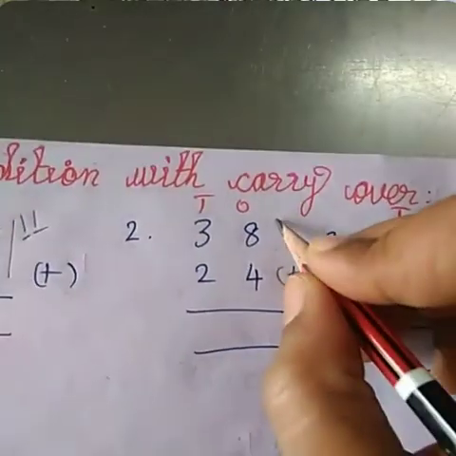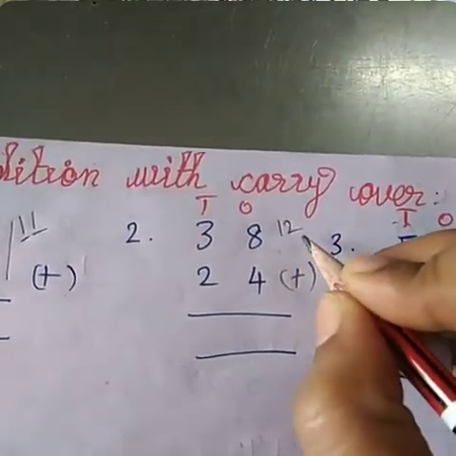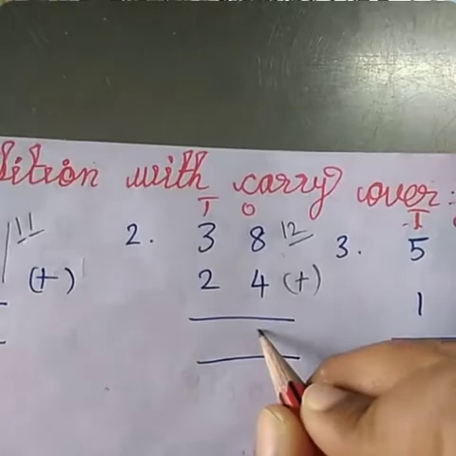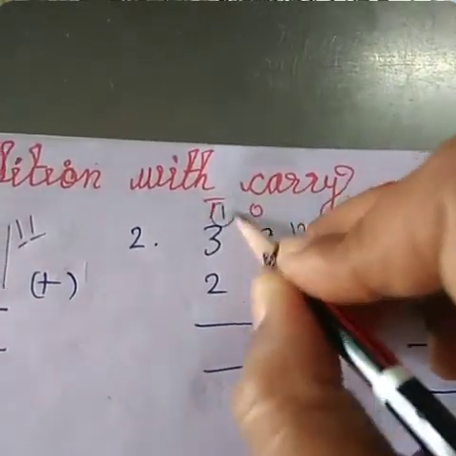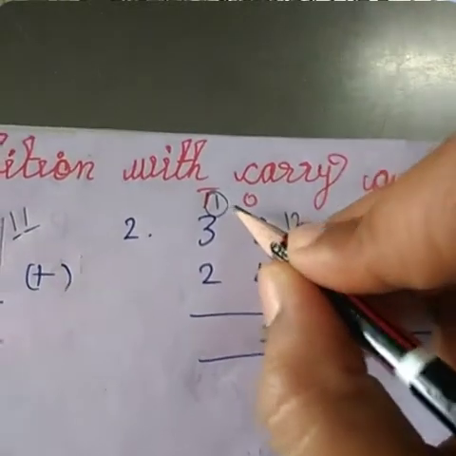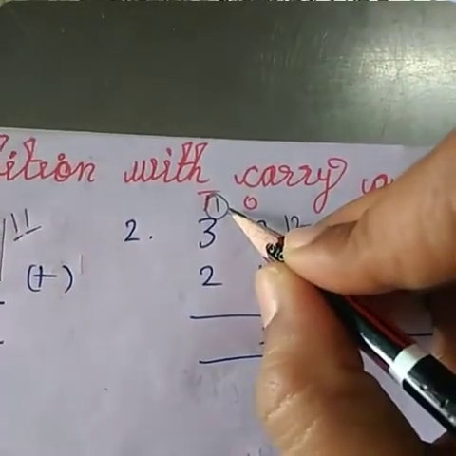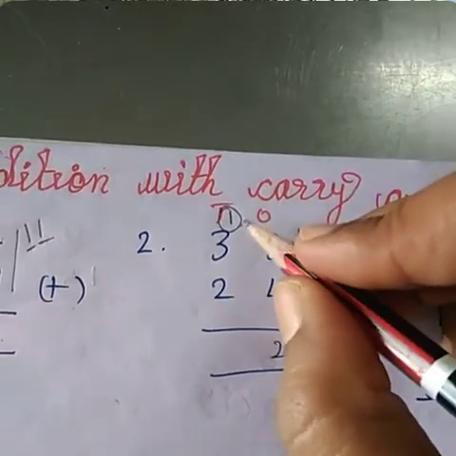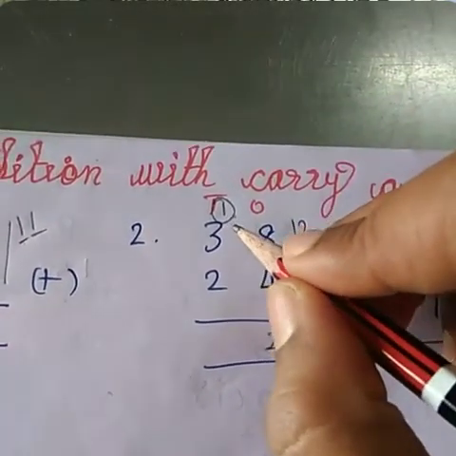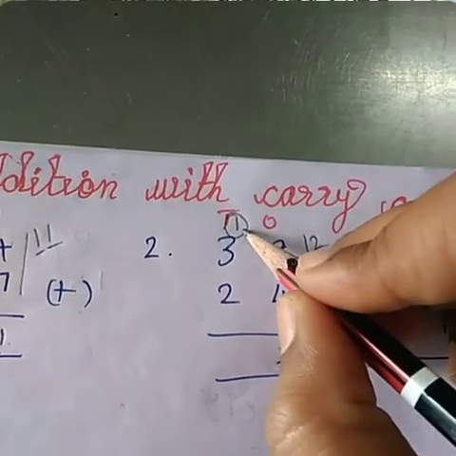The answer is 2 digits. So put the ones place digit in the ones column and carry over the 1 to the next column, the tens column. You should write the carry over. This is very important. One of you did not write the carry over, so write the carry over on top of the tens column.